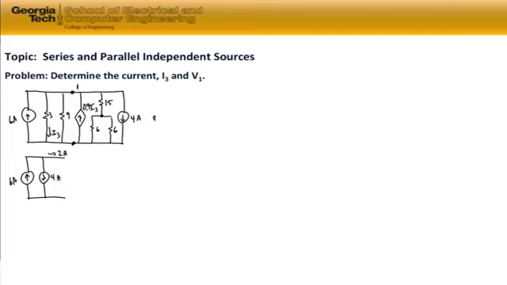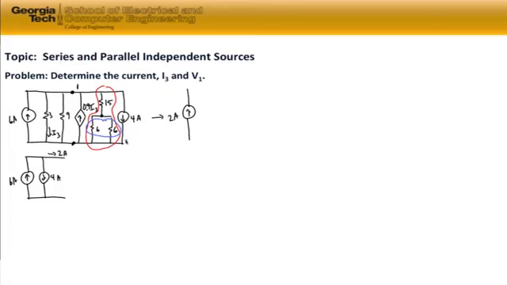So we're going to redraw our circuit with those two sources combined, and there's our 2 amp source. We also notice that we have a resistor network on the right-hand side of our circuit. We have two 6 ohm resistors in parallel, and they're in series with a 15 ohm resistor.